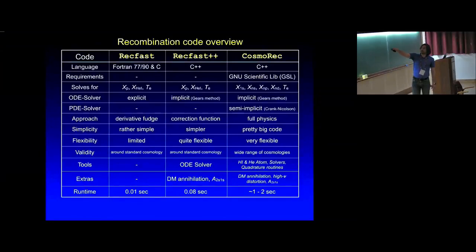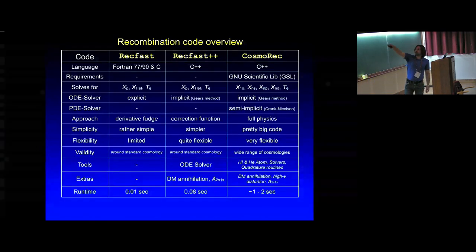And this code is very flexible, but it's much more interlinked, and it's a little bit more complicated to actually play with. I already mentioned it's valid for the standard cosmologies, and this one is, of course, valid for a wide range of cosmologies. What actually is tested as well: if you go to extremely distant cosmologies, you can still solve it, with many sigma departures from the standard cosmology.